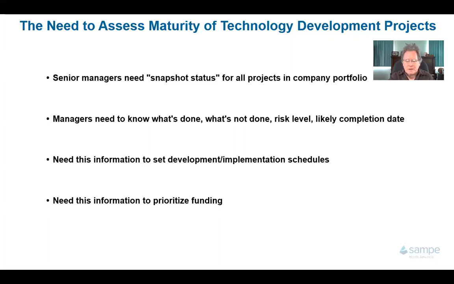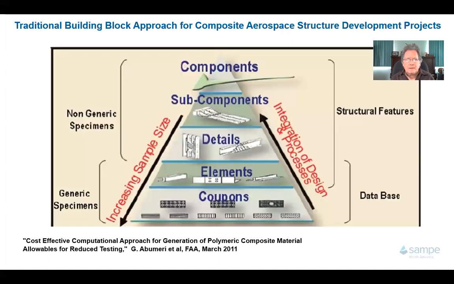He's got to have something that's going to tell him in a matter of seconds where a project is, because he's got to decide what he's going to do in his factory for the next year, 2 years, 3 years in terms of facilities to purchase, equipment, laying out people, space, etc. And so he's got to know which technologies are ready for implementation in the near term versus the far term, and then where the funding needs to go. So it's a tool that basically facilitates future planning for senior managers.